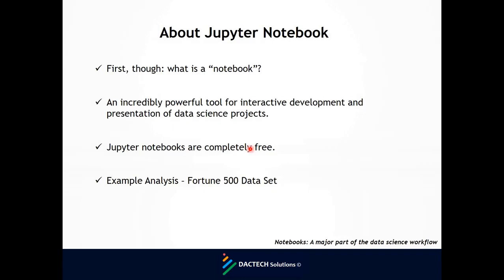Fortune 500 is a set of top companies in different industry sectors, in the world or especially in the US. We are going to analyze the data set, do some data cleaning and some visualization, and ask ourselves some basic questions and the insights we can get from the data set.